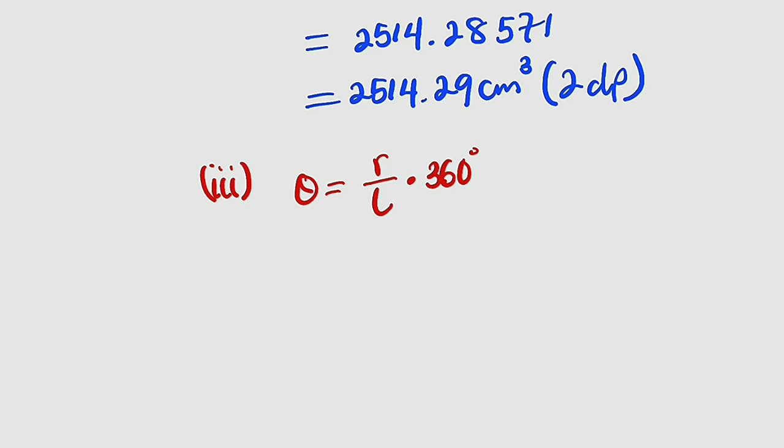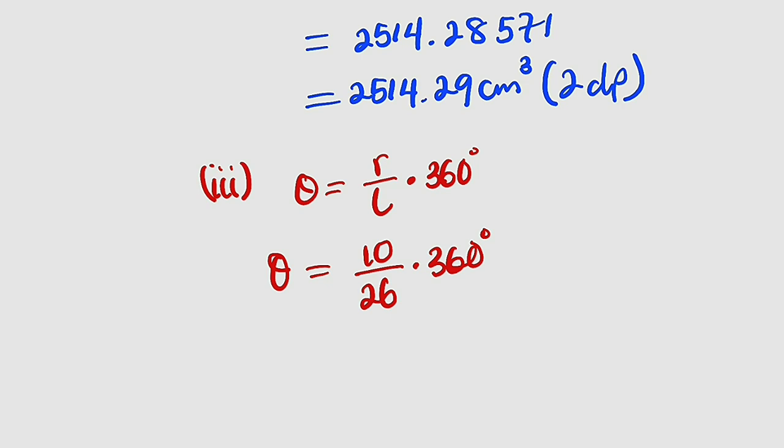I think I'm going to record a video to explain how we derive this formula. It is very important. So theta is equal to the radius, which is 10, divided by the slanted height, which is 26, then multiplied by 360 degrees.